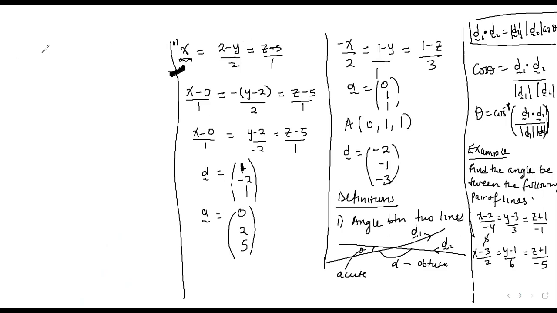So, our first equation has a direction vector d1. d1 is going to be equal to negative 4, 3, negative 1. Can you identify for me the direction vector for the second line?